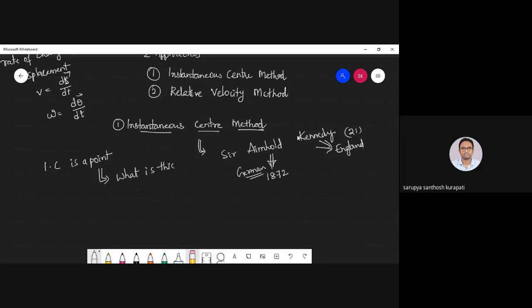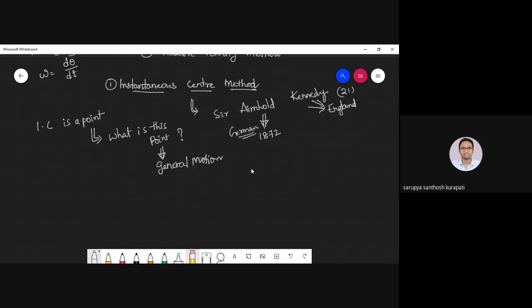This point is in general motion. You may ask, sir, what is this general motion? General motion is neither pure translation nor pure rotation. It is a combination of rotation as well as translation.